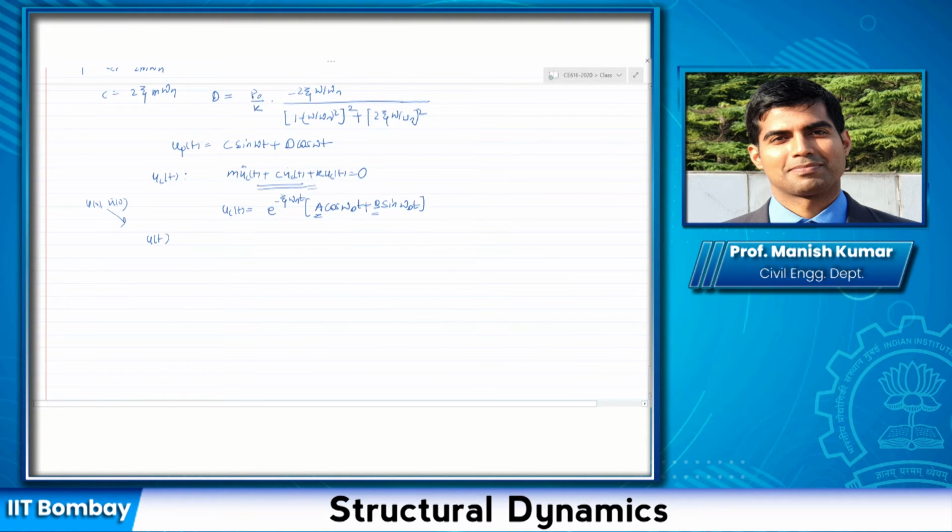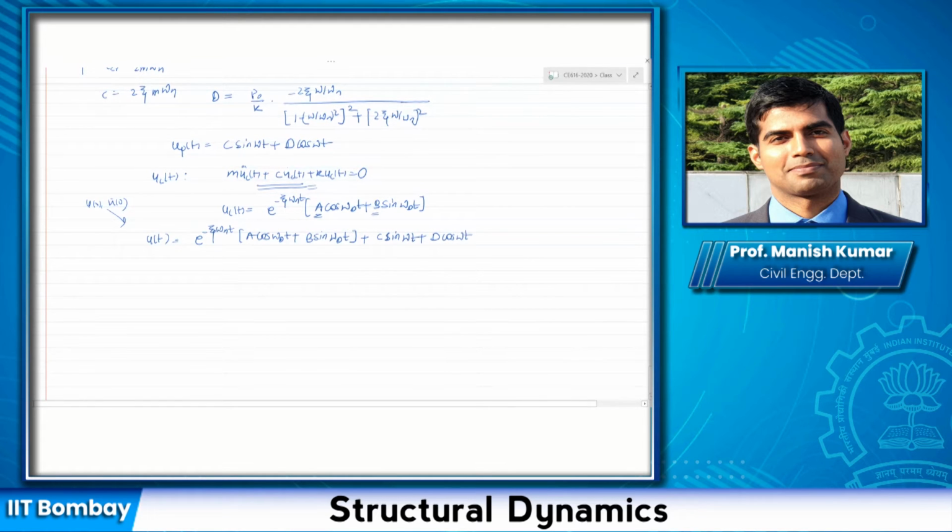The total solution would be something like this, e to the power minus zeta omega n t times A cos omega d t plus B sine omega d t, where omega d is the damped frequency, plus the particular solution C sine omega t plus D cos omega t.